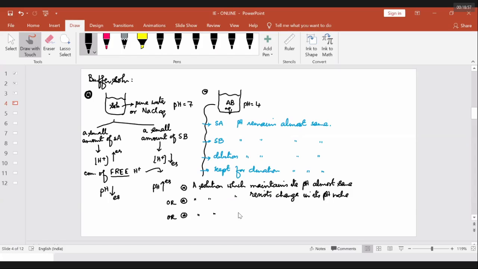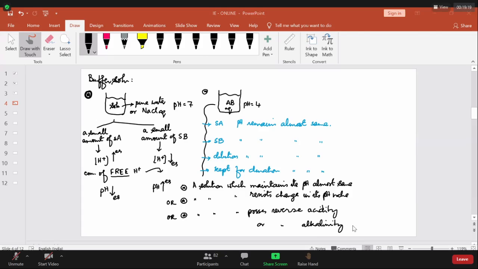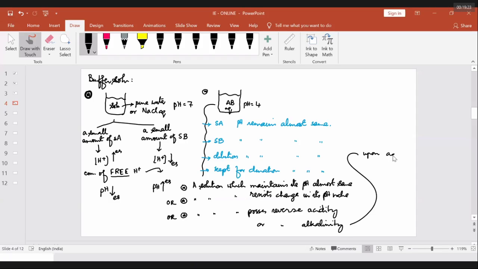A solution which possesses reverse acidity or reverse alkalinity upon addition of a small amount of strong acid or strong base, or upon dilution, or upon long standing, is called a buffer. Yes, it is called a buffer solution.